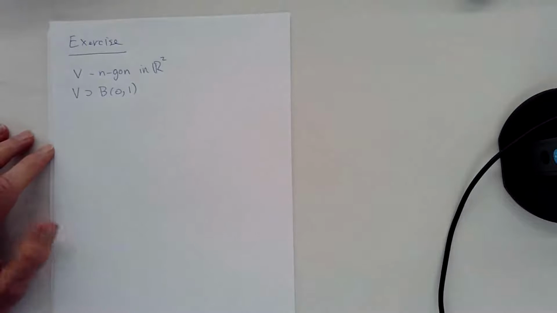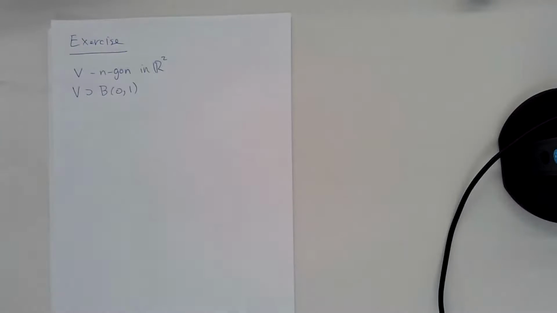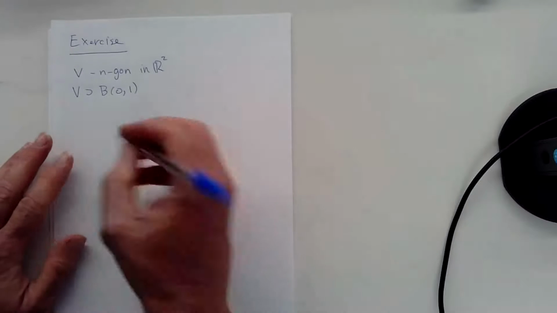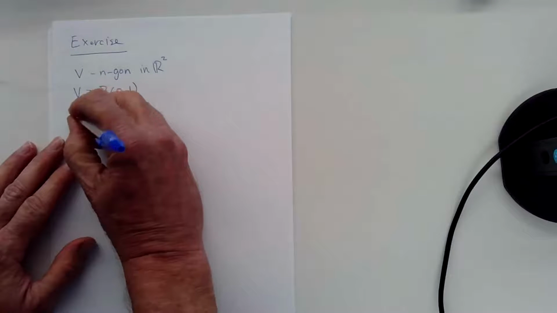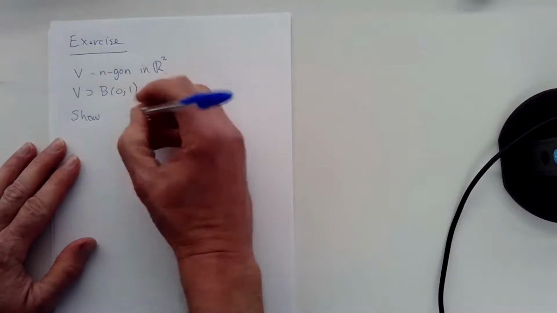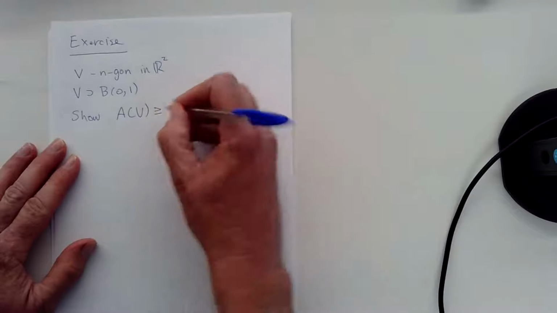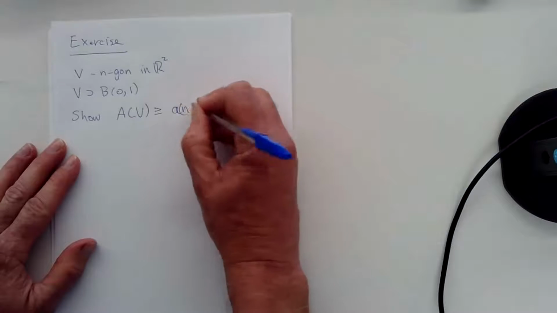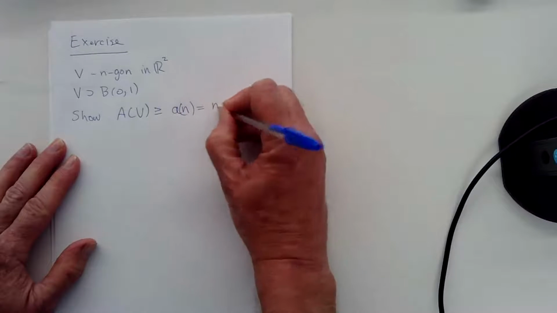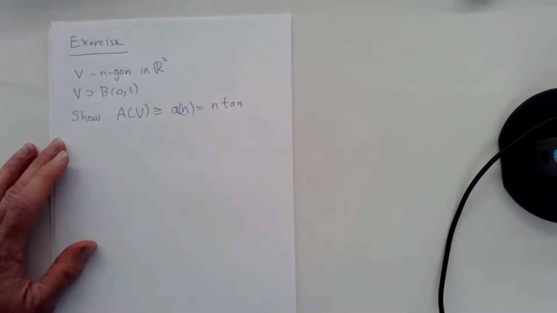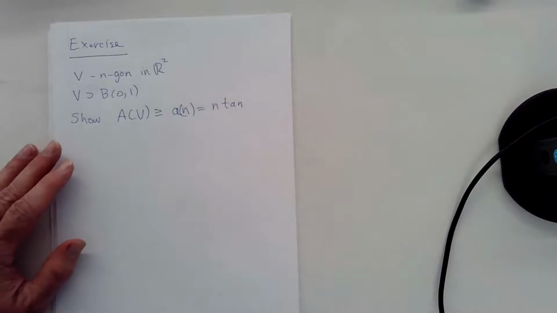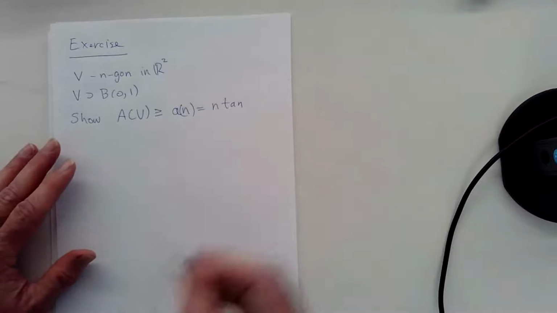What's a better lower bound? So I want to show that the area of V is bigger than or equal to what we're going to call A of n, which is the area of the regular n-gon that inscribes the unit circle.